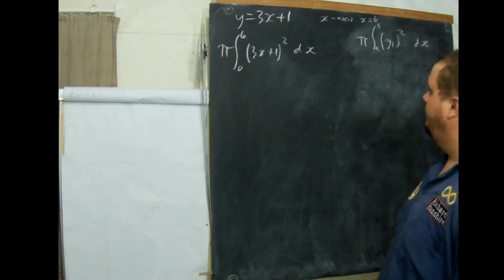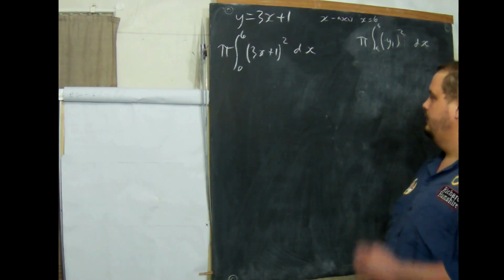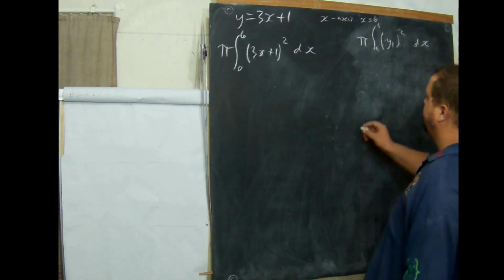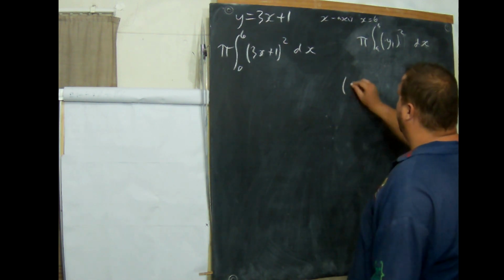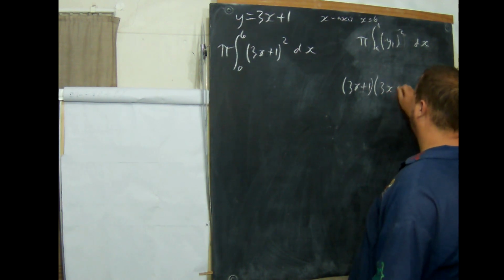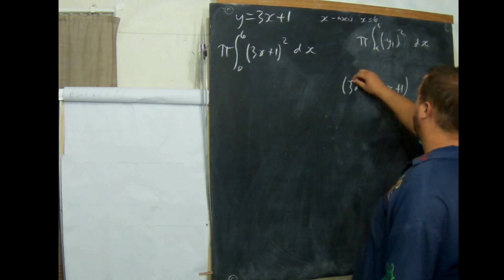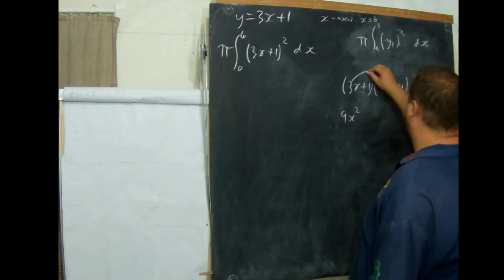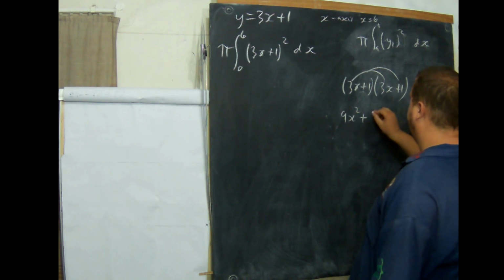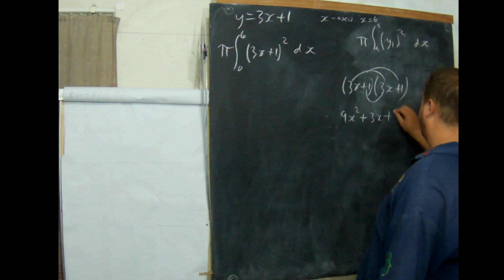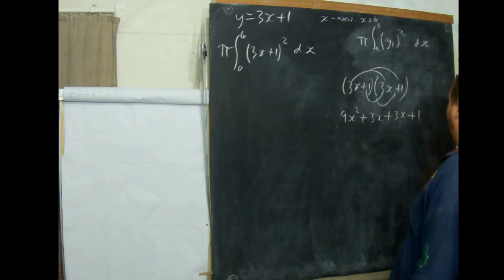Okay, now what we have to do is expand. So what we're going to do is FOIL. So 3x plus 1 times 3x plus 1. 3x and 3x is 9x squared. 3x times 1 is plus 3x. 1 times 3x is plus 3x. And 1 times 1 is plus 1.